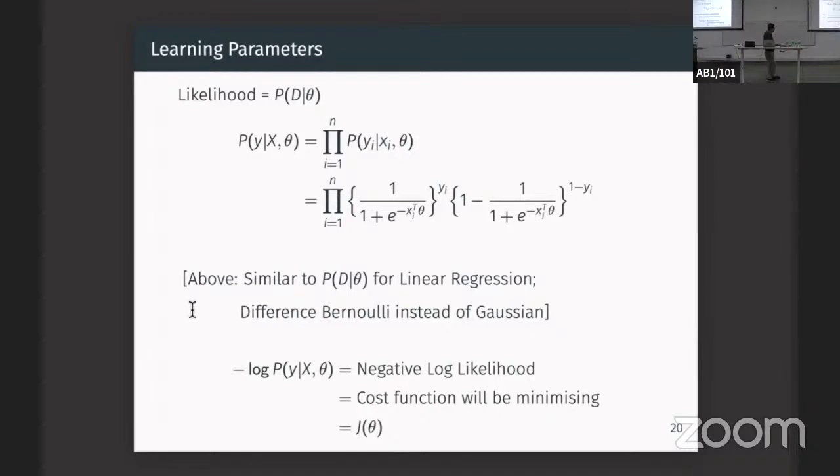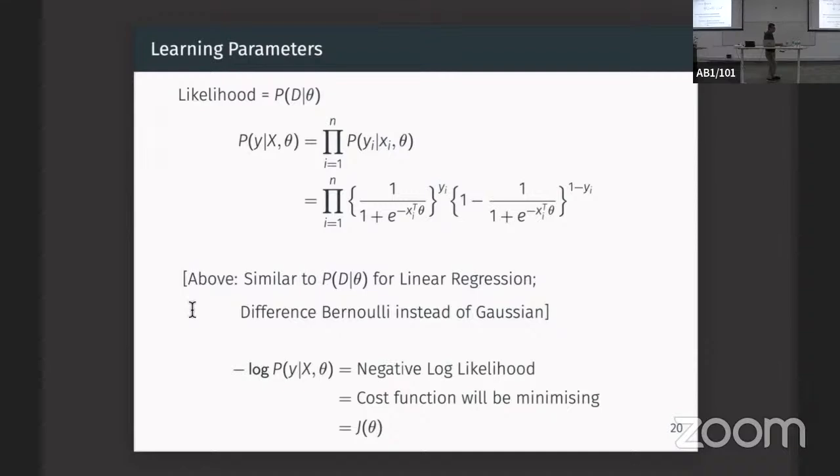Does everyone follow that this is yi hat? So I've written yi hat raised to power yi multiplied by 1 minus yi hat raised to power 1 minus yi. How is this similar to the coin toss that we'd written? And the ground truth there was heads or tails, and here the ground truth is yi. It's either 0 or 1, right? Should I repeat this?